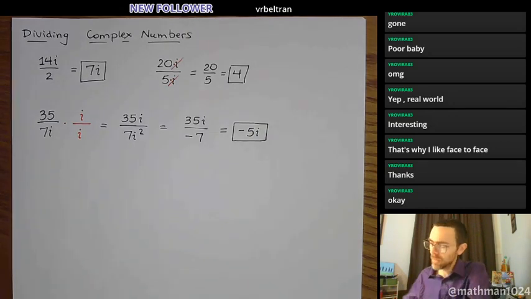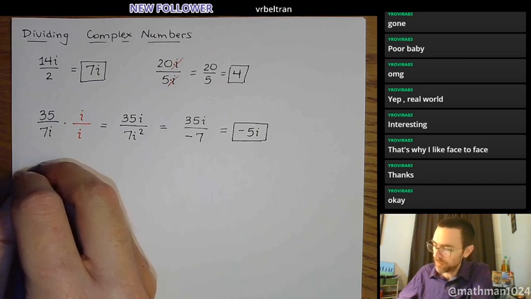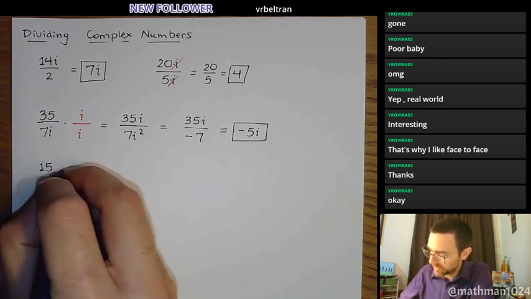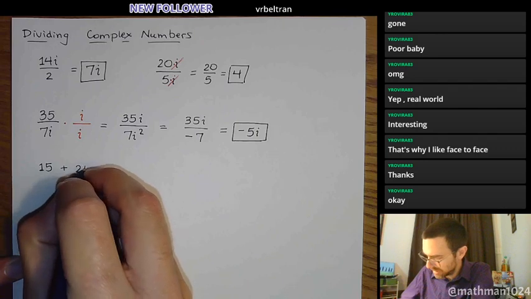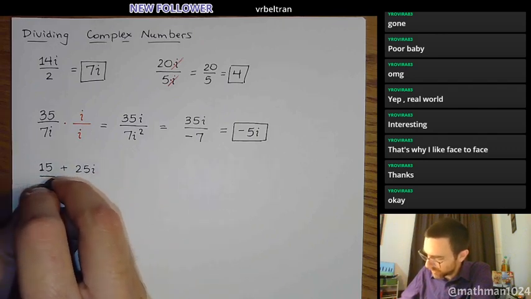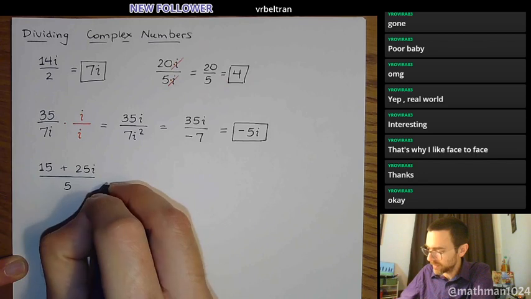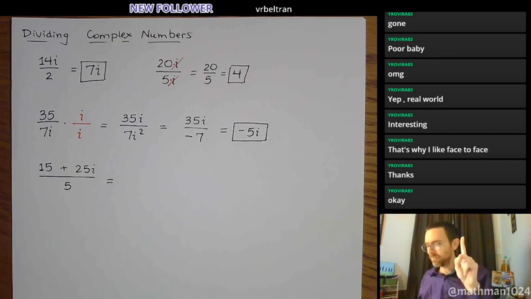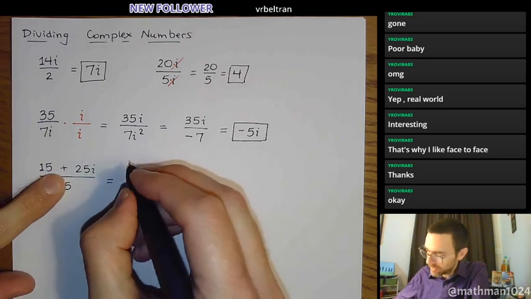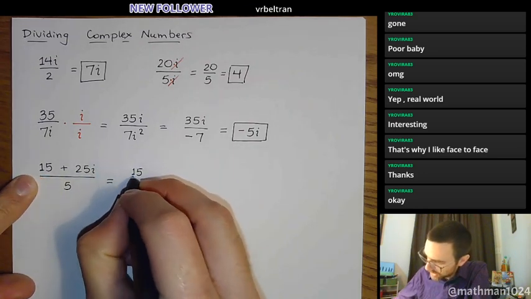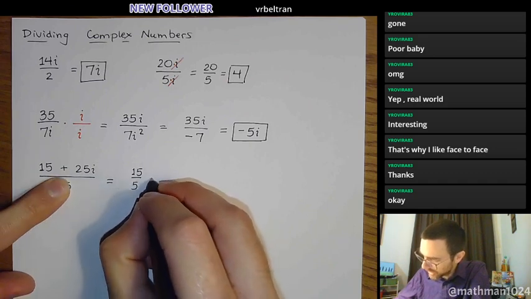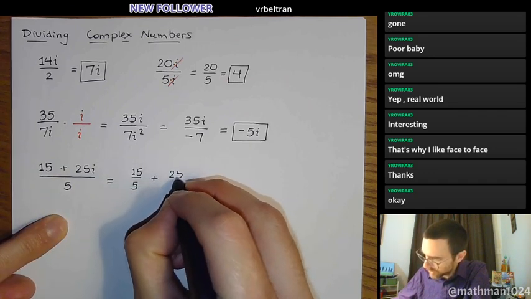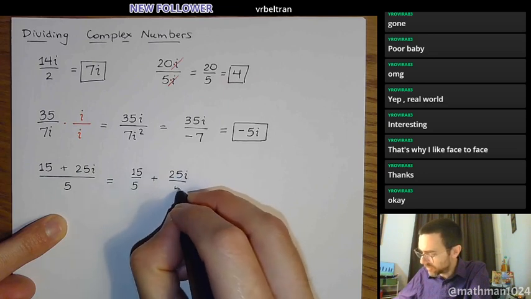That's all. If I take a bigger complex number, say 15 plus 25i, and I want to divide this by 5. To work this out, it's nothing more than other fractions that we've had, where if your denominator is just a single term, you can split the numerator and say 15 over 5 plus the other term, 25i over 5.